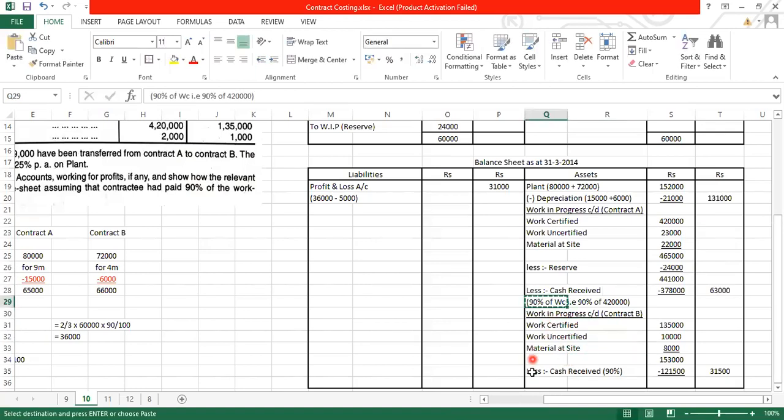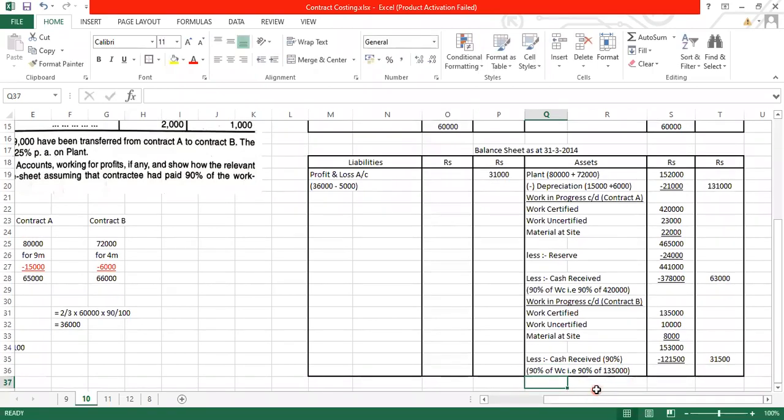Same way, we can write for the B. 90% of 1,35,000. But how much? 31,500. For B.